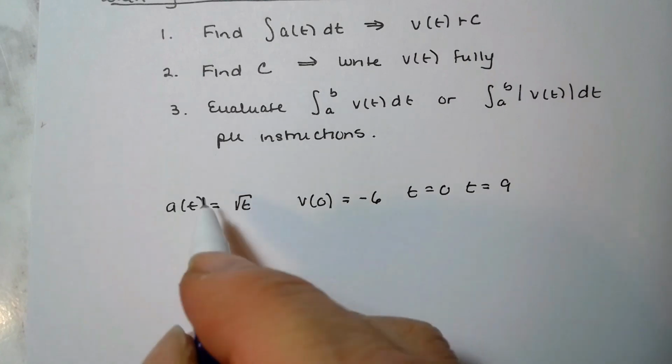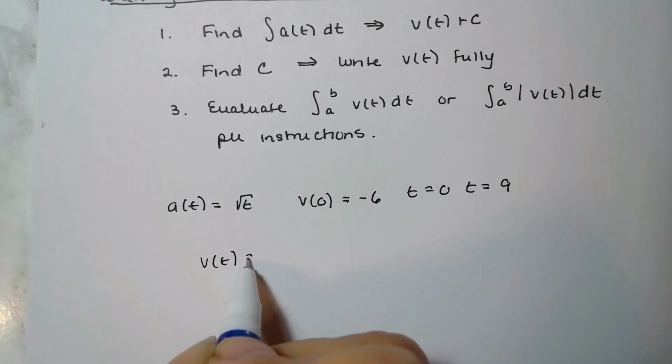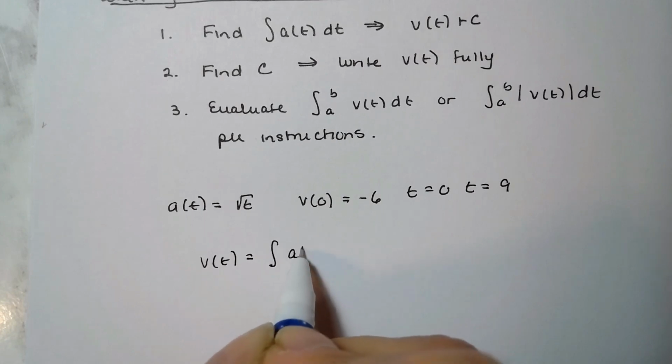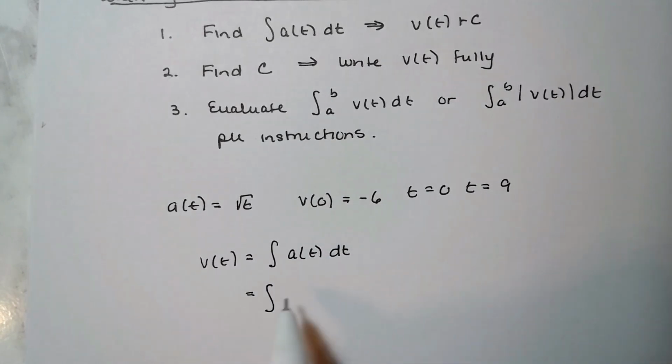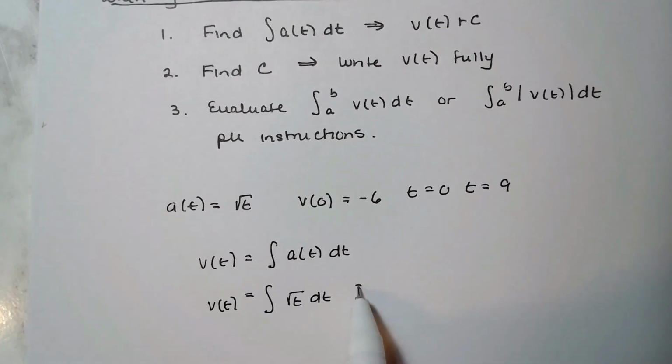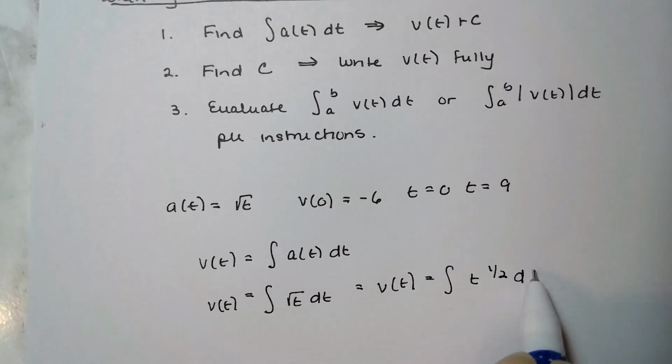So, I know that velocity is equal to the indefinite integral of acceleration. Well, the acceleration function that they gave us was the square root of t. So you need to show this for the grader, right? And we want to rewrite that because we need to integrate it, so we want to make it easy. So it's t to the 1/2 dt. Right?